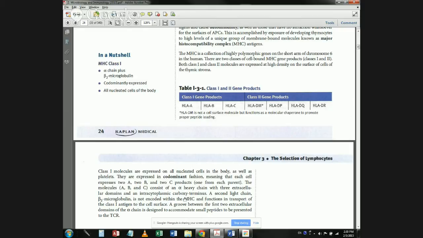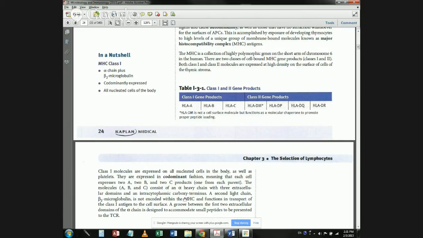Okay. A groove between the first 2 extracellular domains of the alpha chain is designed to accommodate small peptides to be presented to the TCR.